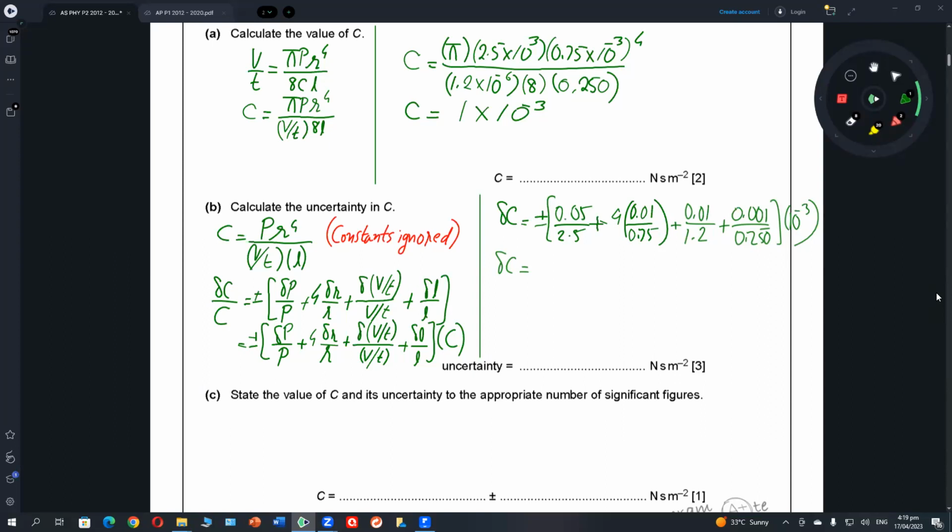I'm getting 8.6 into 10 power minus 5. How much? 8.6 into 10 power minus 5. Now the uncertainty is 8.6, but uncertainty should be given correct to 1 significant figure. So I can make it 9 into 10 to the power minus 5.